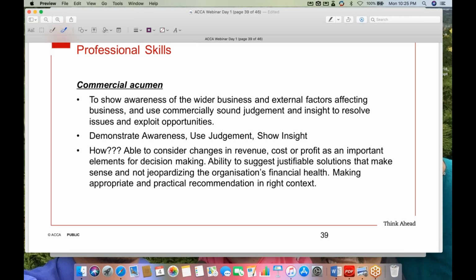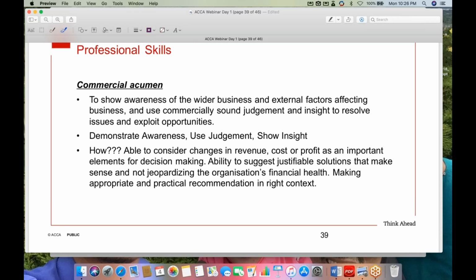It is something you need to demonstrate through how you write and how you have understood all the factors affecting the business. If there are opportunities that you think they are supposed to exploit, then you should tell that to the organization. But when you ask them to exploit certain opportunities, you must look at the company's strengths and weaknesses.